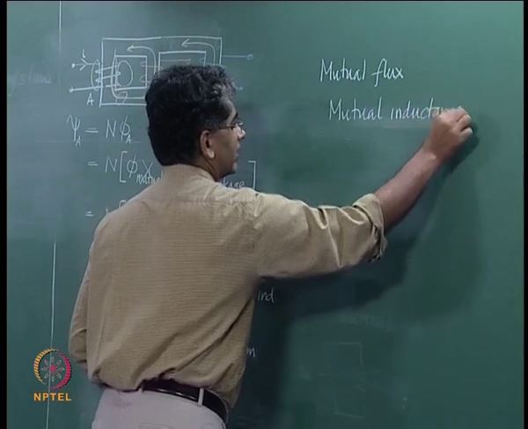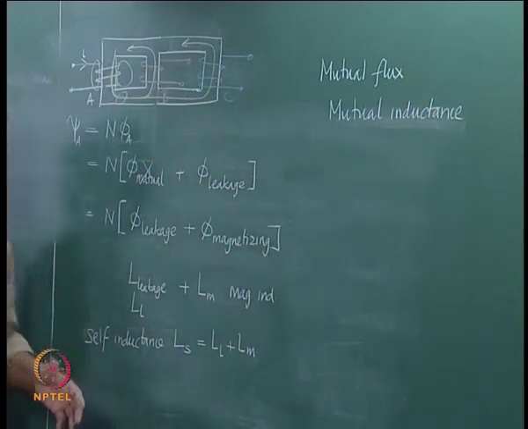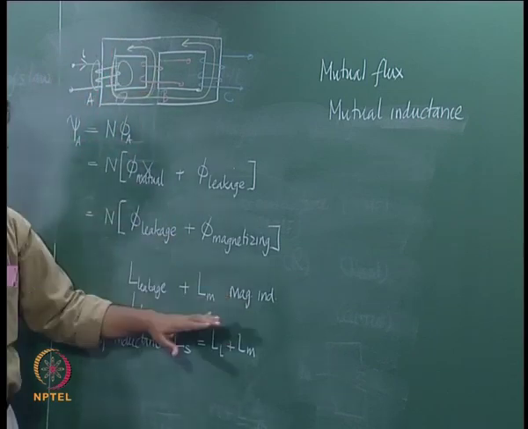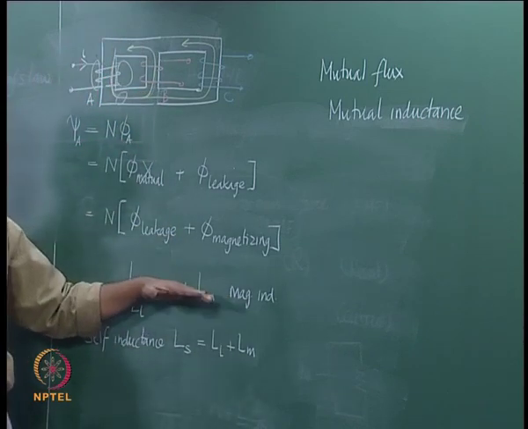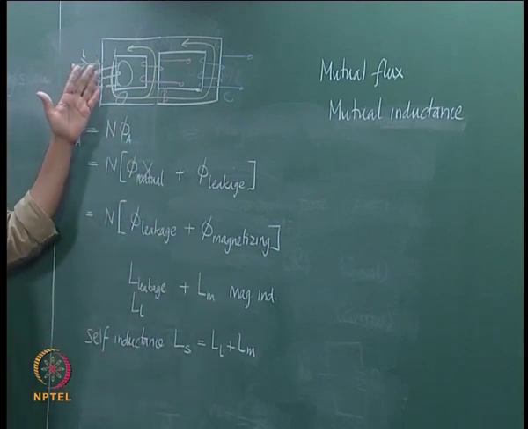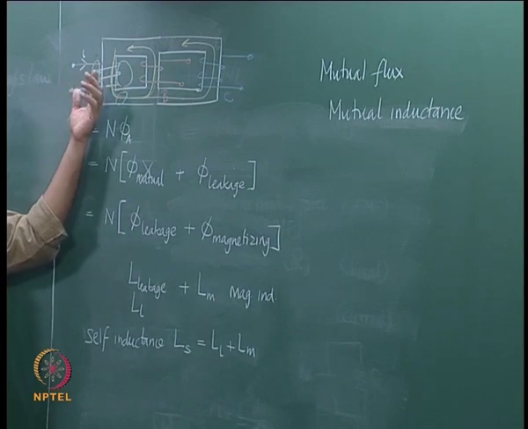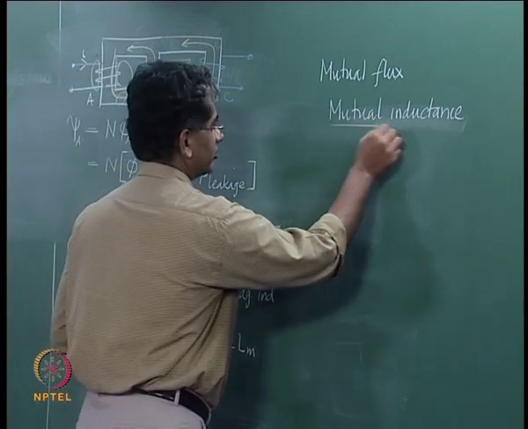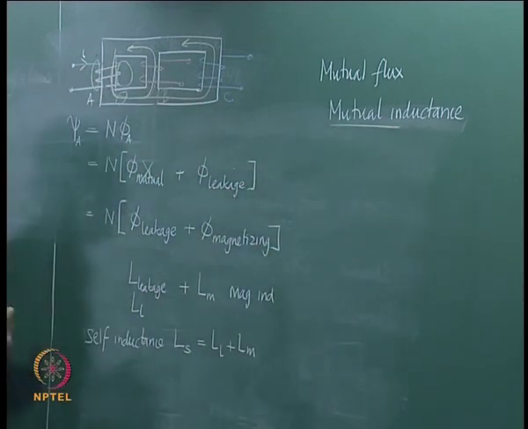So mutual inductance only refers to the interaction between two coils, whereas this one, Lm, is the effect of flux that a particular coil generates, which then affects everything else other than the leakage flux part of it. Okay. So that is mutual inductance. How do you now derive expressions for this? We can use the same ideas that we had earlier.